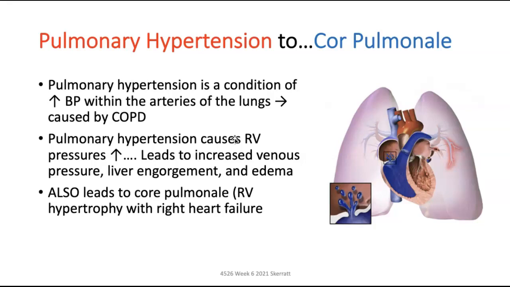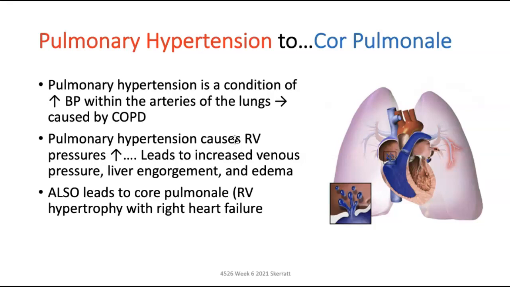The mechanism behind this is that pulmonary hypertension is a condition of increased blood pressure within the arteries of the lungs, and it's caused by COPD. So when pulmonary hypertension develops, the pressure on the right side of the heart must increase to push blood into the lungs. And so it causes the right ventricular pressures to increase, and that leads to a backflow into the systemic circulation.